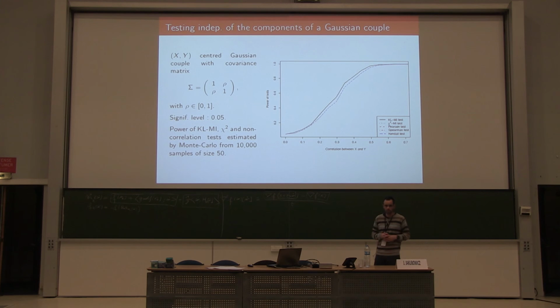What we obtain is that the Kullback-Leibler test is nearly as powerful as the Pearson test, that is the most efficient one in the context of Gaussian model. Whereas the chi-square test is a bit less powerful and is more comparable to Spearman and Kendall tests here for a sample of size 50.